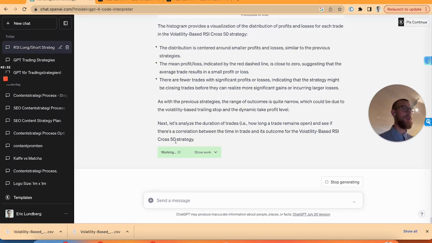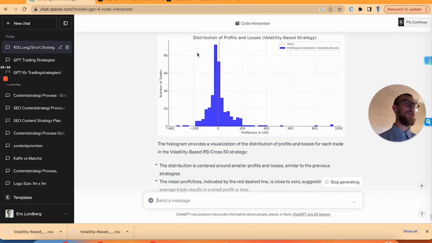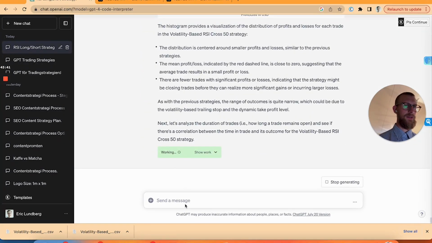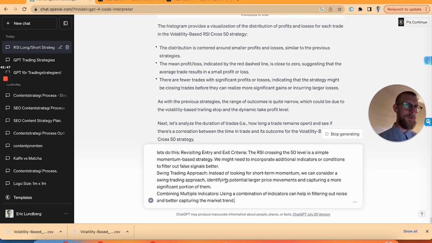Duration of trades. I don't know why it's just doing the same analysis all the time and it's not working. So I need to shake it up a little bit. Let's do this. So I'll send it the suggestions it had.